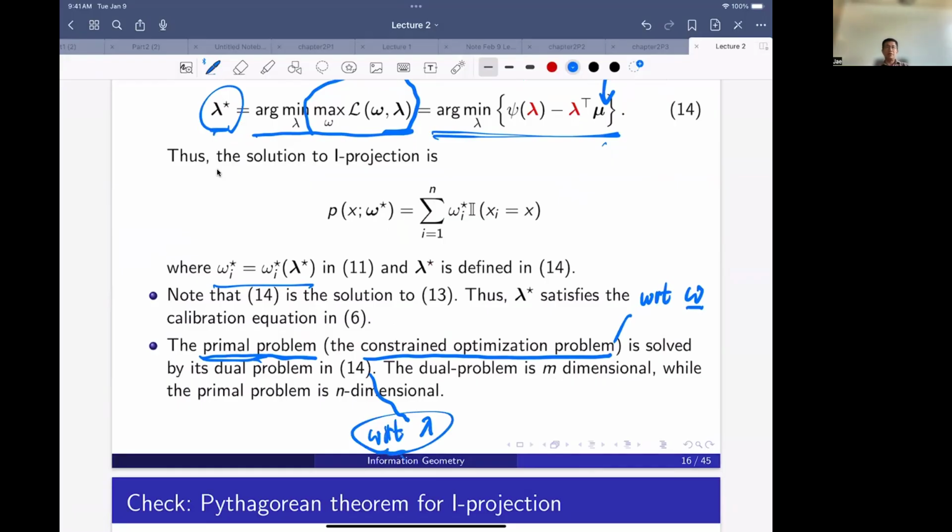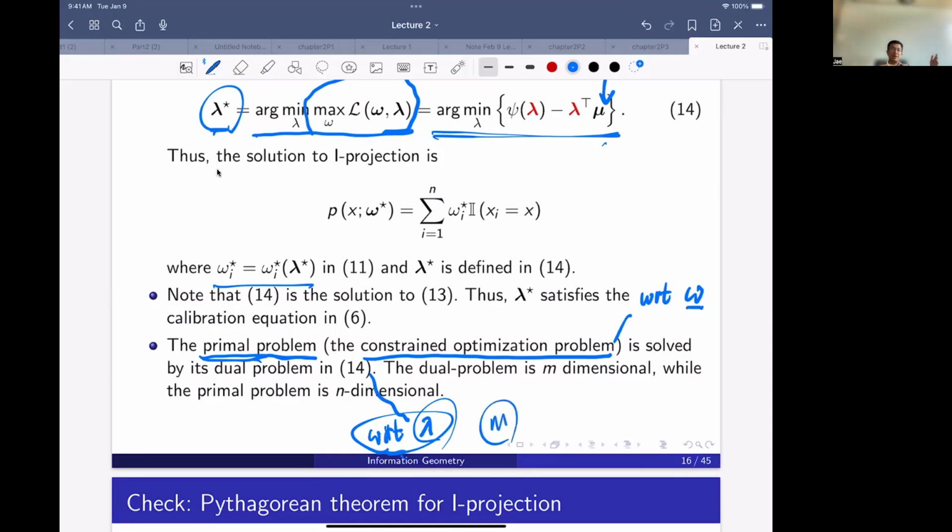Okay, so omega is n-dimensional, right? Omega is a vector for the sample. Sample size can be like maybe 5,000, 10,000. It's fairly large. However, this lambda is just the number of equations, so it is m-dimensional.